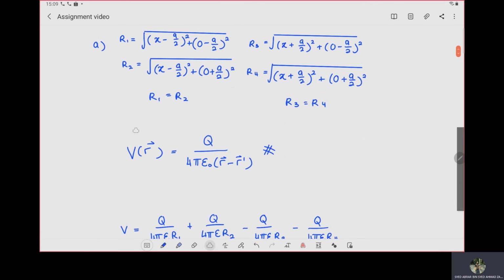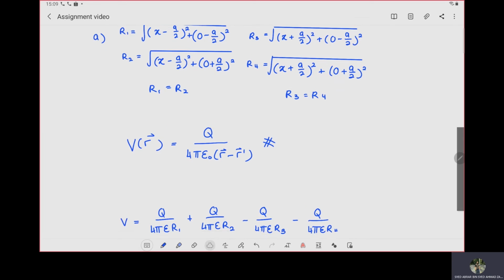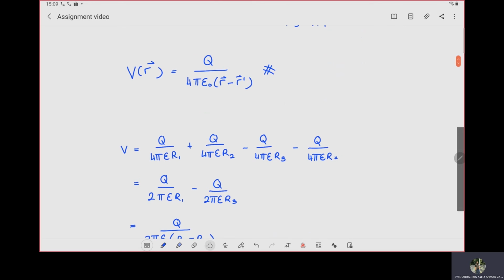And then this is the equation to find the electric potential. We insert the values into the equation: the positive Q and negative Q, and R1, R2, R3, R4 magnitudes.